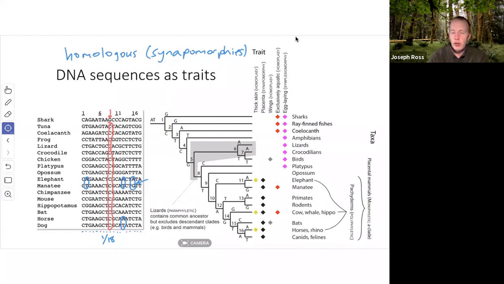Now, if we take a look at this tree really closely, we're going to find that there are two positions where every species shares the same nucleotide.